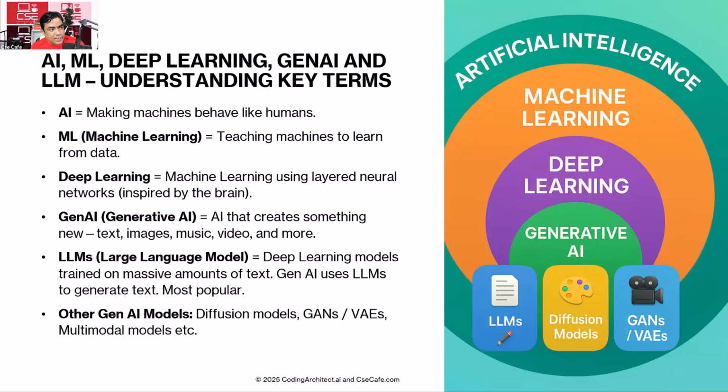So when I say AI, the bigger umbrella of AI just makes sure the systems behave like humans. And the next category within AI is ML, or machine learning. Basically, you teach machines to learn from data.